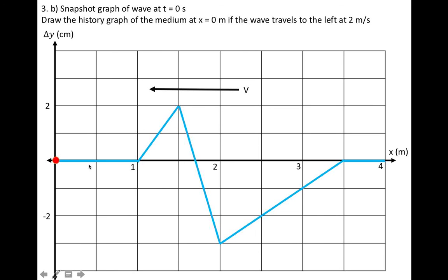When the wave travels to the left, this point will just follow how the wave goes across, except at 2 meters per second. So when 1 second passes, the wave will have moved to here. When 2 seconds have passed, it will have moved to here. This gives us the resulting graph.